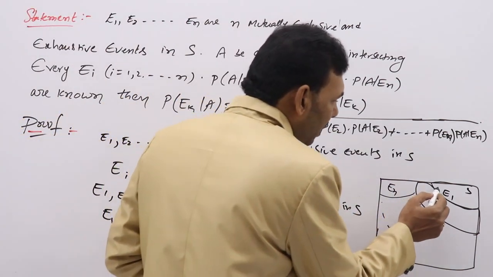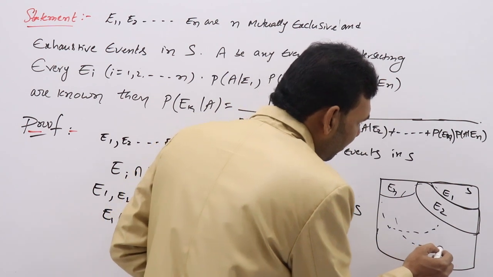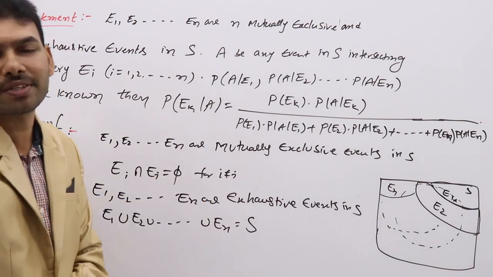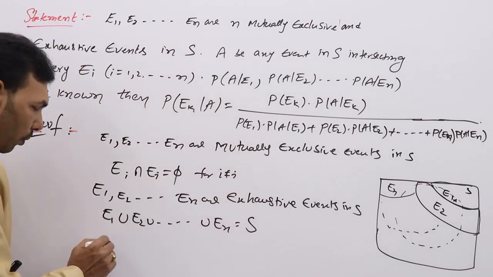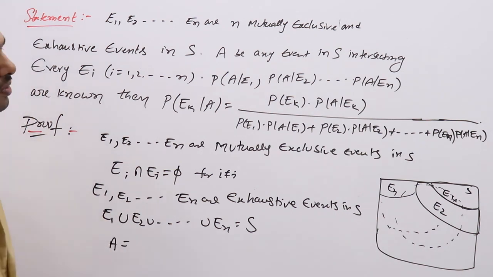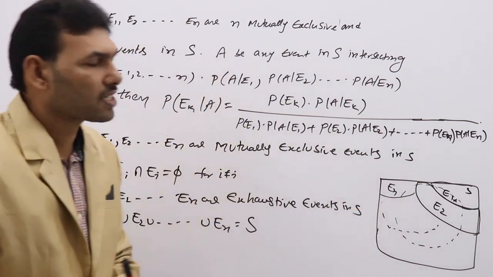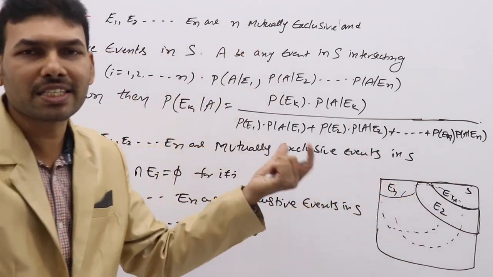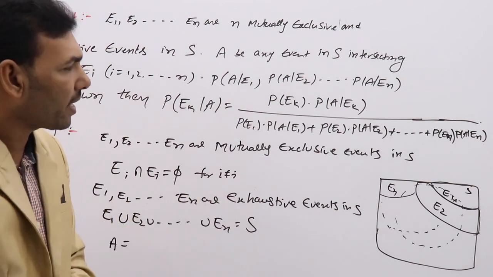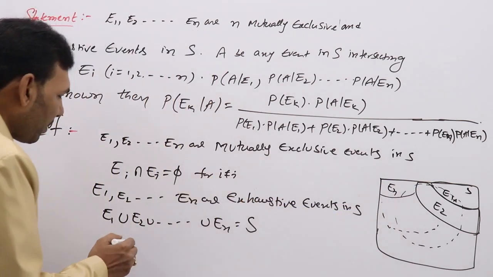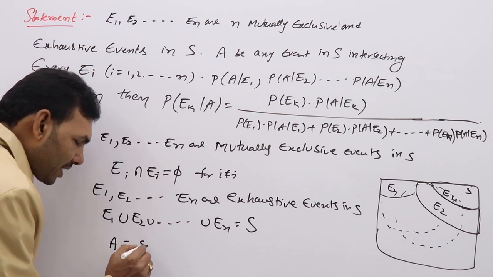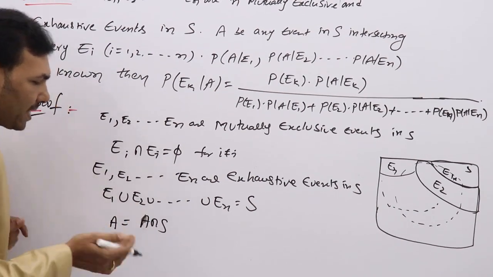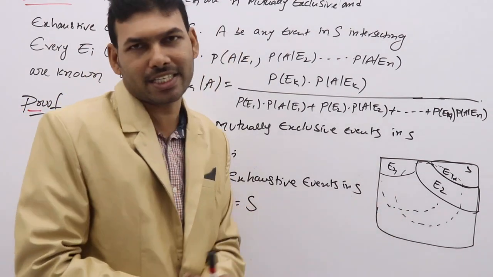For example, if you assume A to be the event which intersects all n events, then we all know A can be written like this. A is a subset of S. A is an event in S. E1, E2, En also, every event is a subset of S. So here we can write A as S intersection A or A intersection S. A and S, common point if you find, you will get A only.